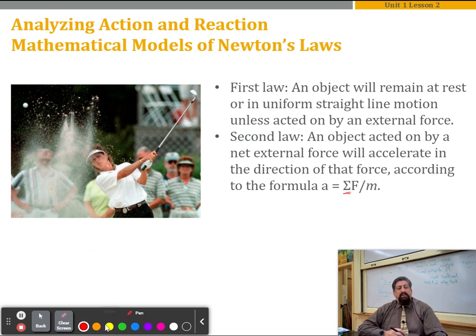The amount that it accelerates is inversely proportional to its mass. So if it was a heavy ball, it would not fly as far as a lighter ball, or it would not accelerate as fast. Let me say that correctly: it would not accelerate as much as if it was a lighter ball.